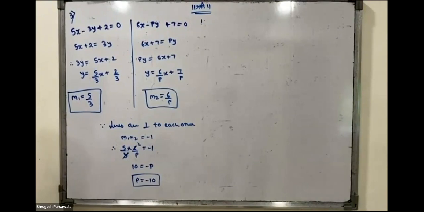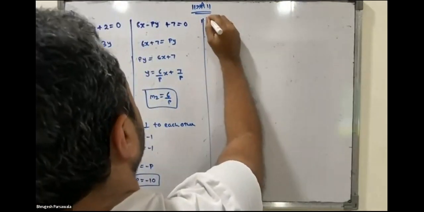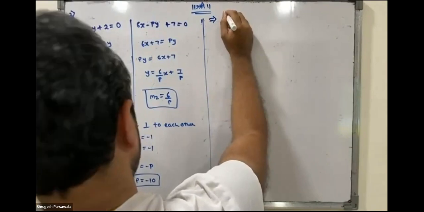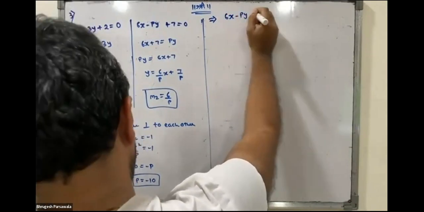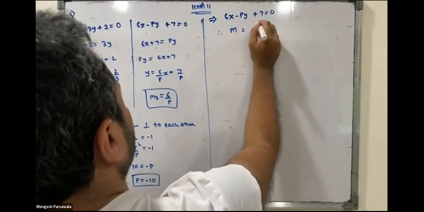So what did it say? Hence find the equation of line passing through this and parallel to this. Then the slope of this line is 6 by p.